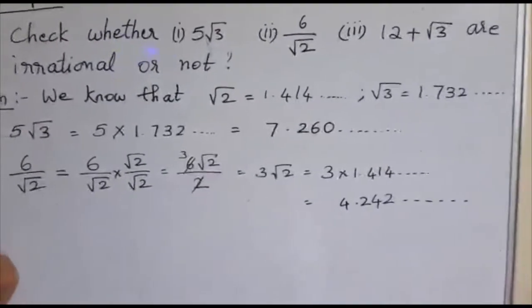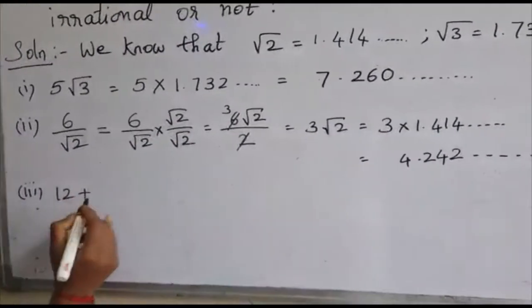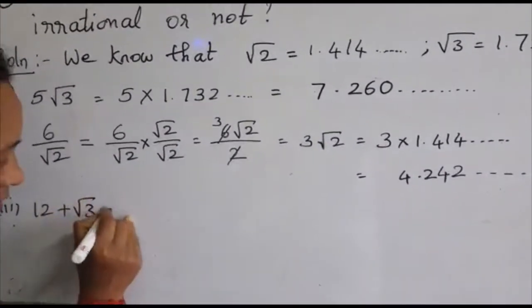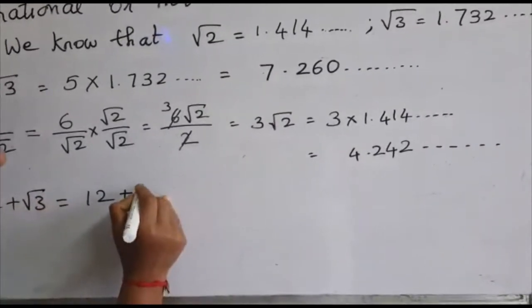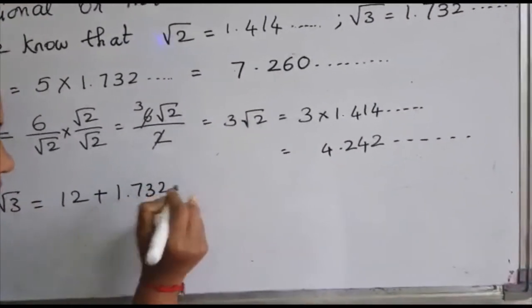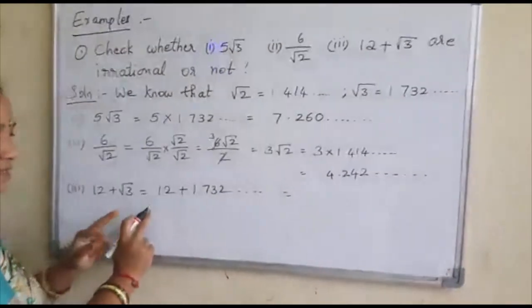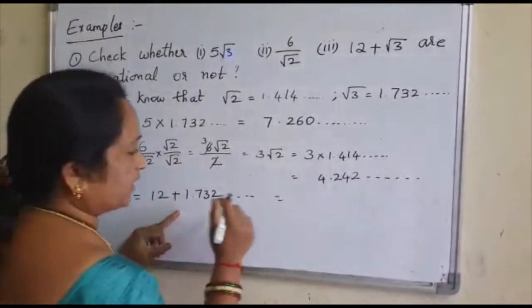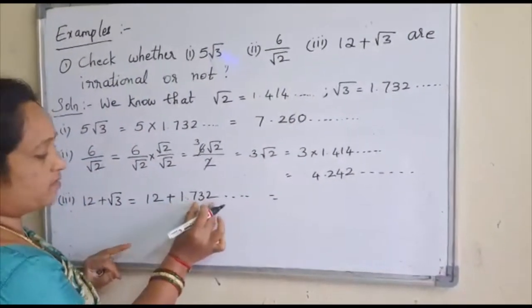Let us take the third example, that is 12 plus root 3. Now 12 is a rational number and root 3 is an irrational number whose value is 1.732 and so on. When you add these, 12 plus 1 is 13, as the whole part from this is only 1, and this is the decimal part.